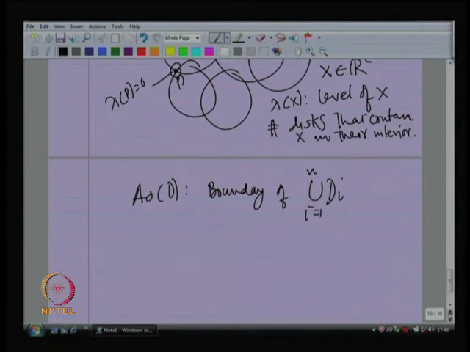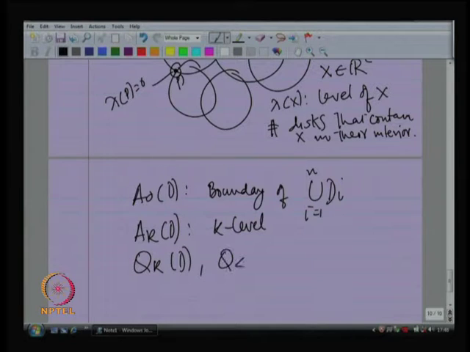Similarly, we can talk about A k D, the k label, and also phi k D, and phi at most k D, the at most k label.